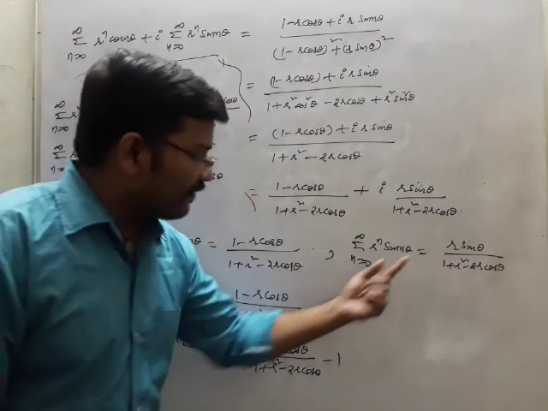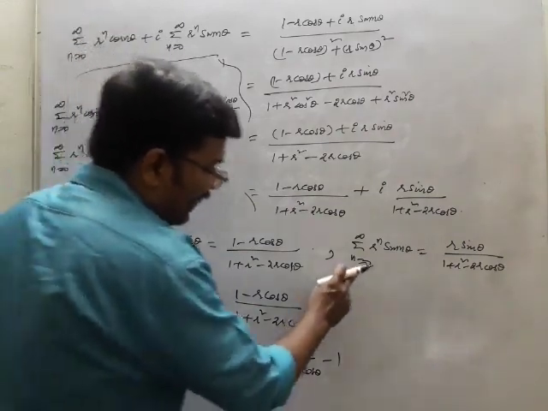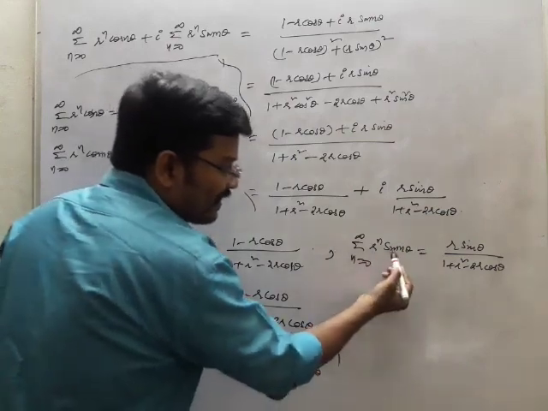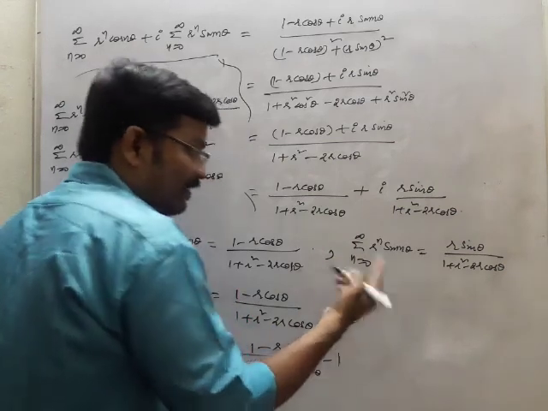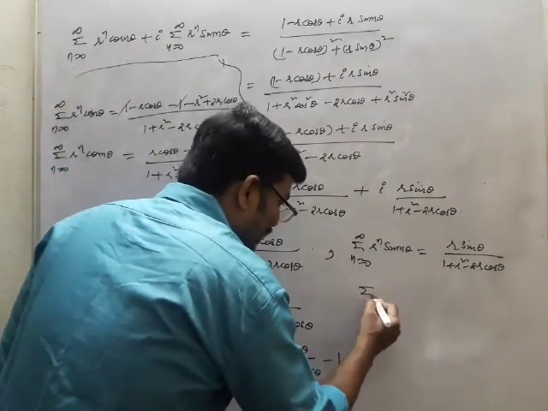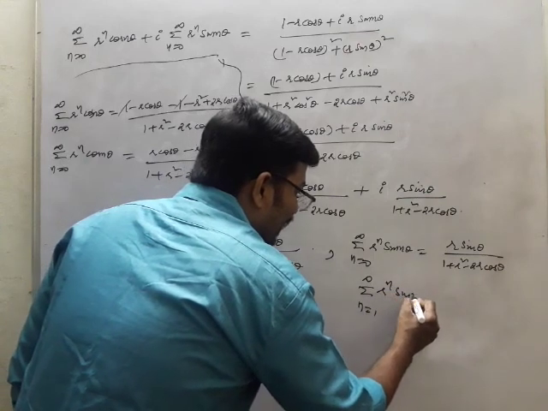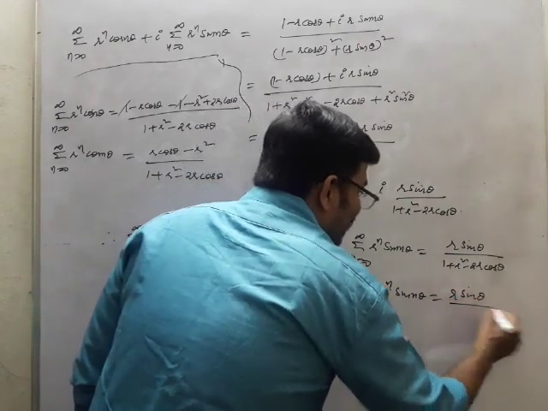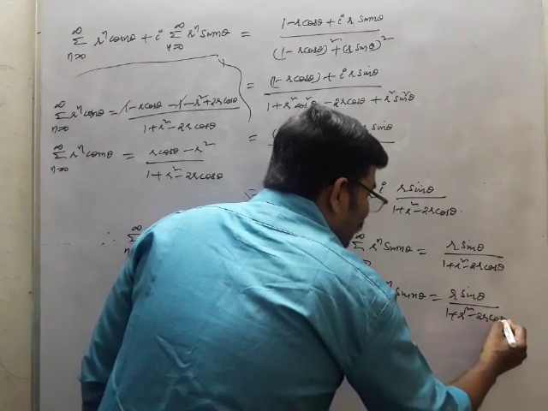Now what about this one? I need to find summation of rⁿ sin nθ. If you put n = 0, r power 0 is 1 but sin 0 is always 0, so that term will be 0 only. Therefore summation n = 1 to infinity of rⁿ sin nθ is equal to the same value, r sin θ by (1 + r² − 2r cos θ).